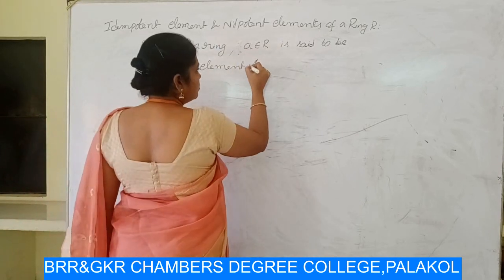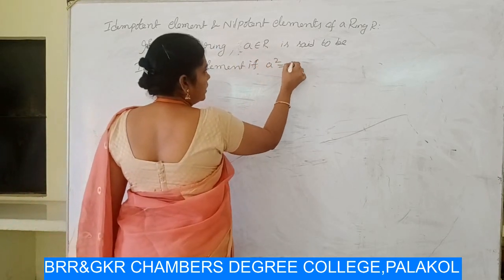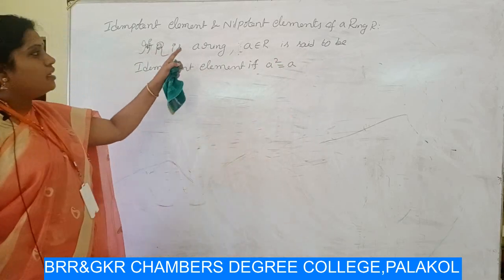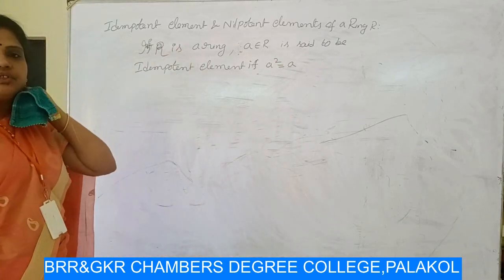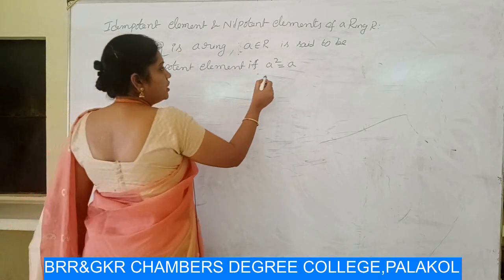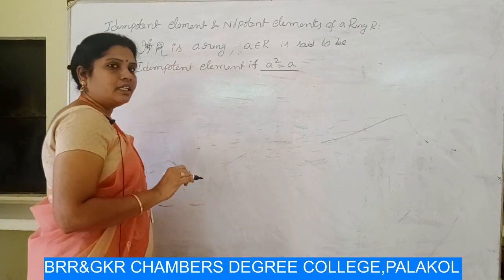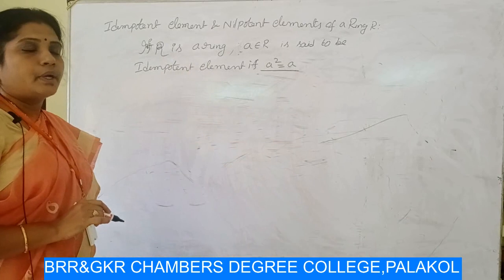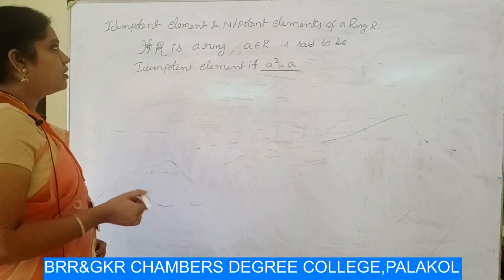If a square is equal to a, then a is called an idempotent element of the ring R.